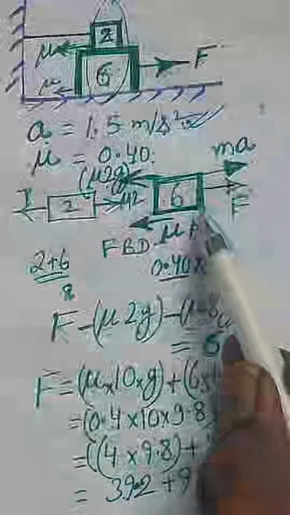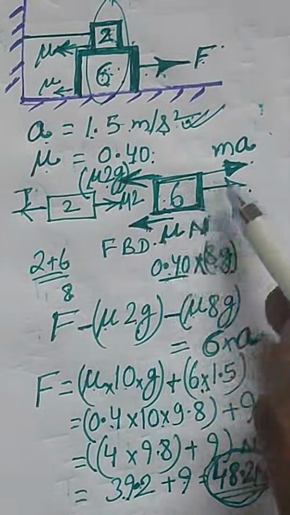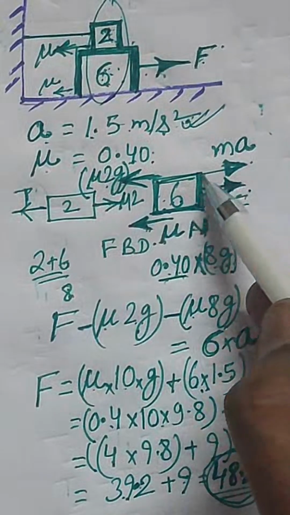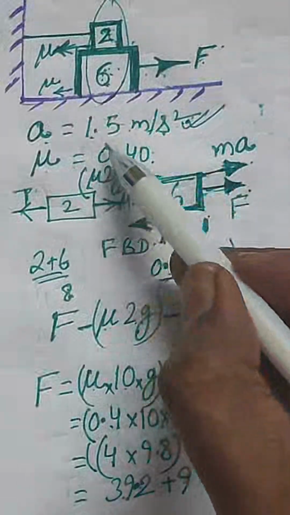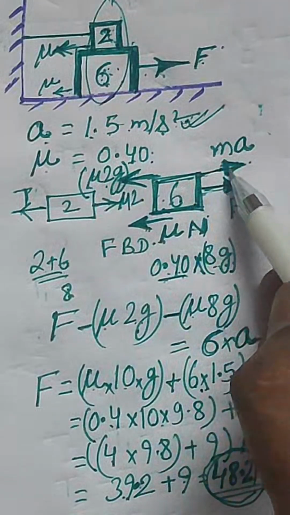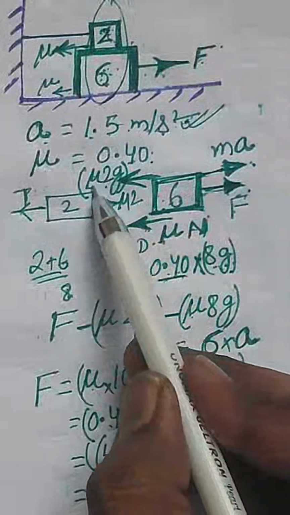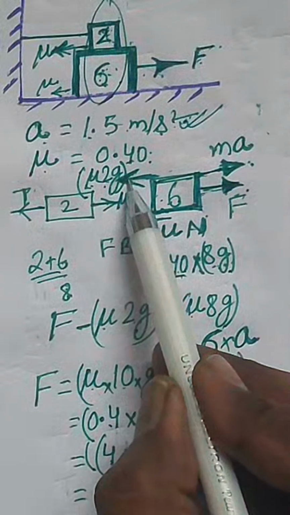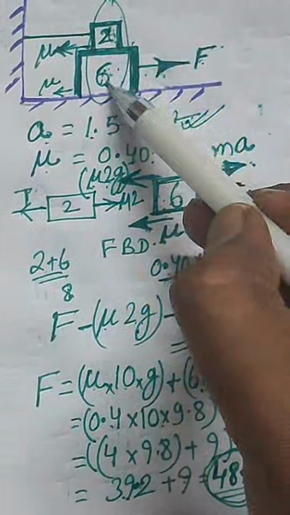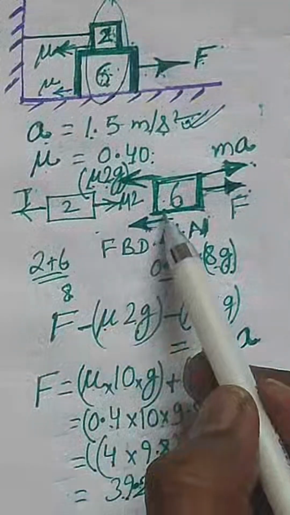Okay, so let's see the free body diagram of this 6 kg block. Here F will be acting on the right hand side as given in the question, and let us say this is moving with an acceleration of 1.5 meter per second square. So ma will be acting on the right hand side. Here due to the 2 kg block, mu times 2g will be acting on the left hand side, and due to the entire weight of 8 kg, 2 plus 6, this mu times N will be acting on the left hand side.